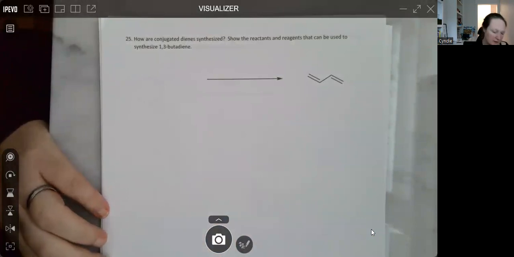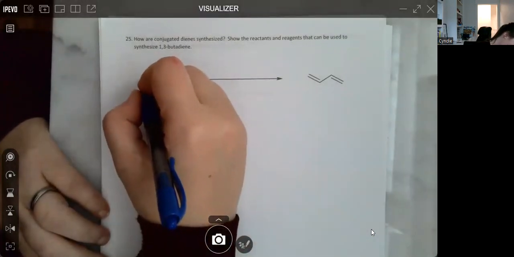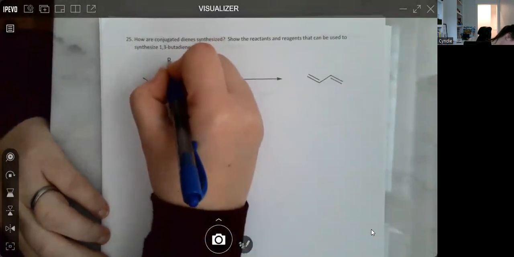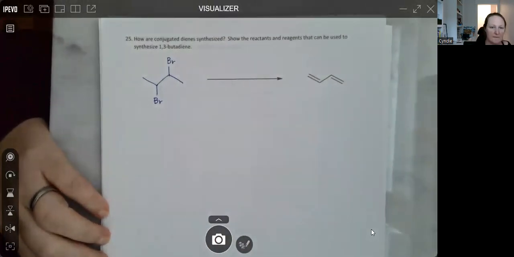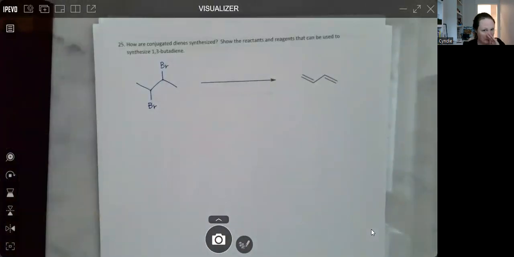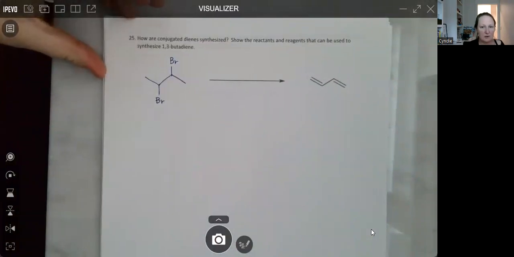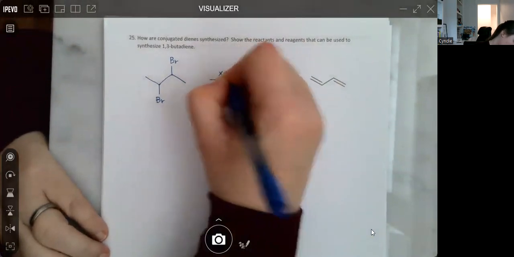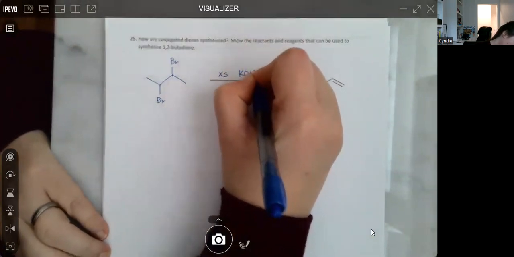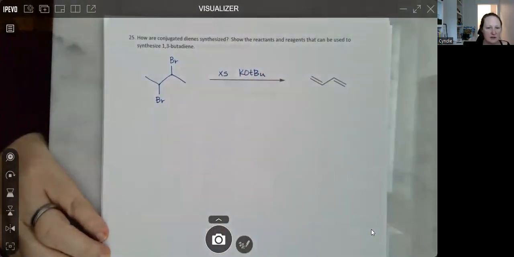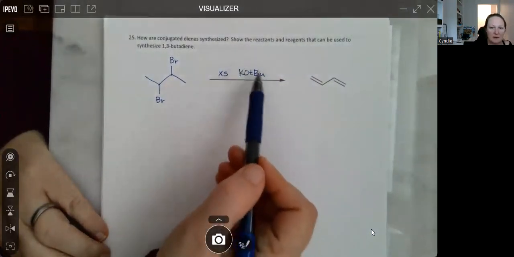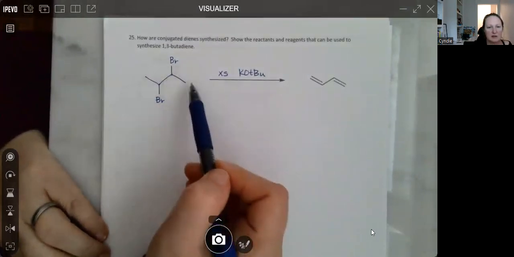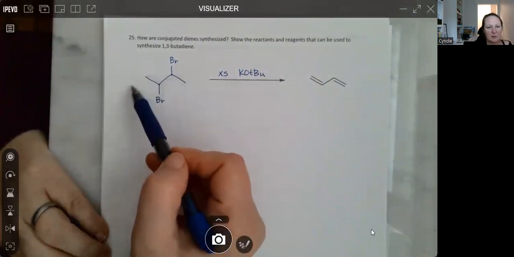So for example, you might use this vicinal dihalide, and we could do double elimination, right, with excess potassium tert-butoxide. So that should do, since this is bulky, it will come over here to these terminal carbons and do our E2 eliminations by removing a proton at the terminal carbons.